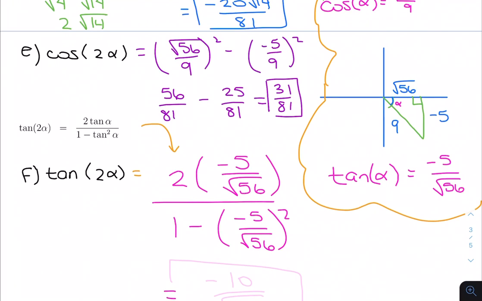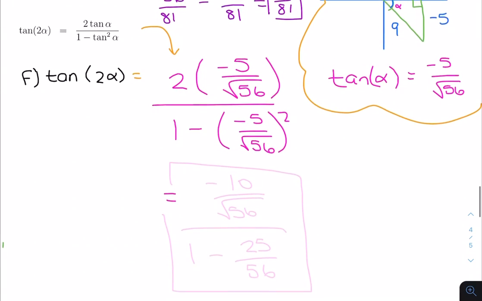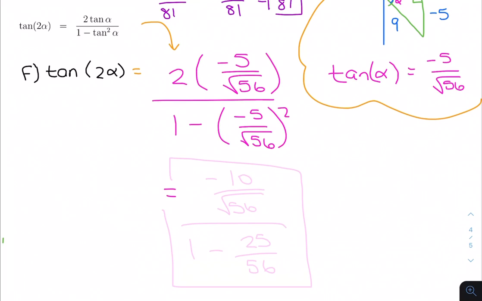So if we square this, we would get 2 times negative 5, that's just negative 10. So that's negative 10 over the square root of 56, all over 1 minus negative 5 squared, which is 25 over 56, because the square root cancels out the square. So this is what our answer would be.